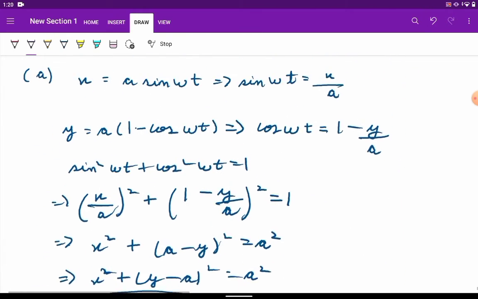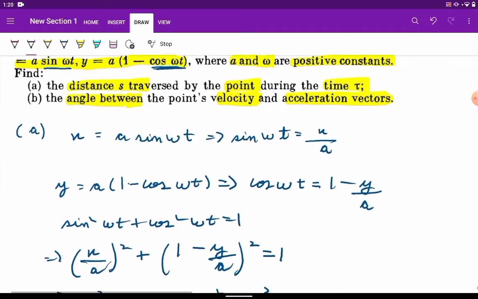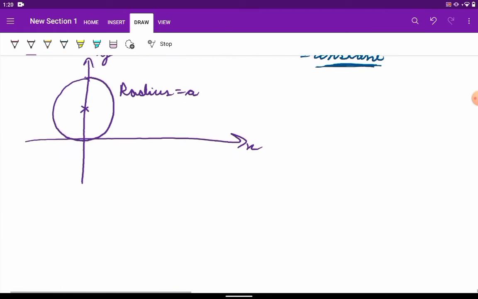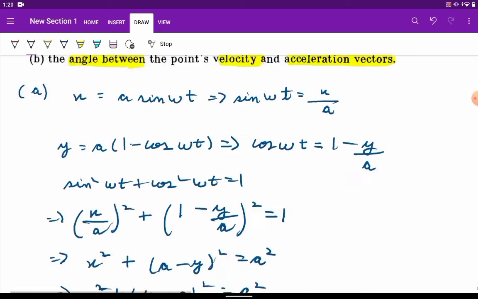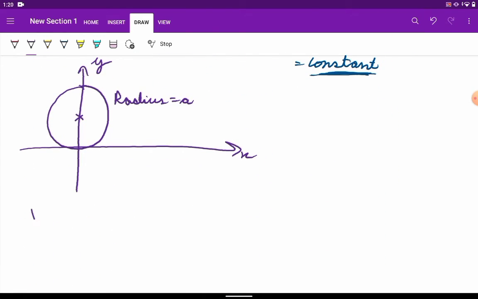One more thing, we also need to see how the speed is varying. Distance is equal to speed into time, if speed is constant, of course. So let's see what the magnitude of velocity is. We already know x is a sine omega t.